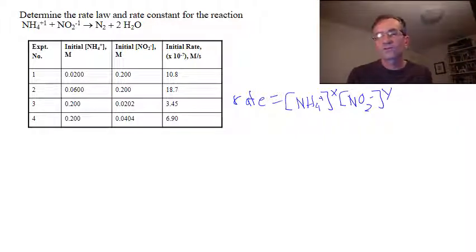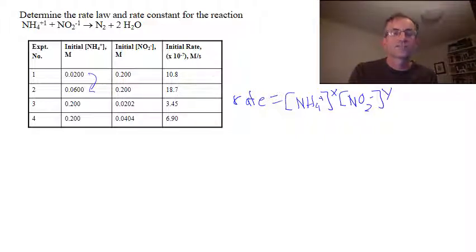The way you do that is you look for two experiments where only ammonium, NH4, is changing. When we find those two experiments, whatever happened to the rate must be due to the fact that the amount of ammonium is changing. It looks like to me that's going to be experiment 1 and 2.